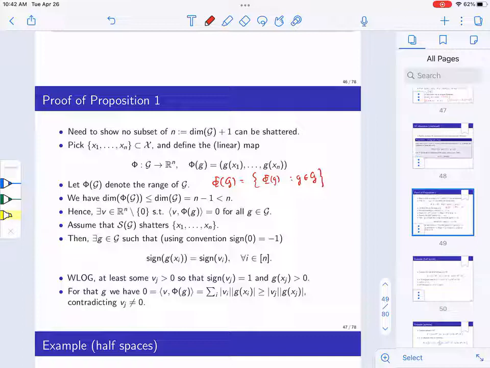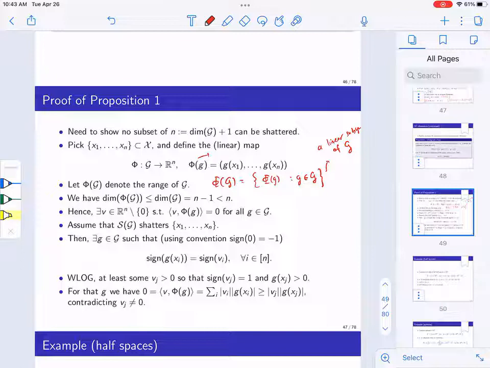Because G is a vector space and phi is a linear map, you imagine this is a linear subspace. G itself is a vector space, and the dimension would be at most the dimension of G. This is simple: if you have a linear function, the dimension of the image cannot be bigger than the dimension of the input space. And the dimension of G by assumption is n-1, which is strictly less than n.